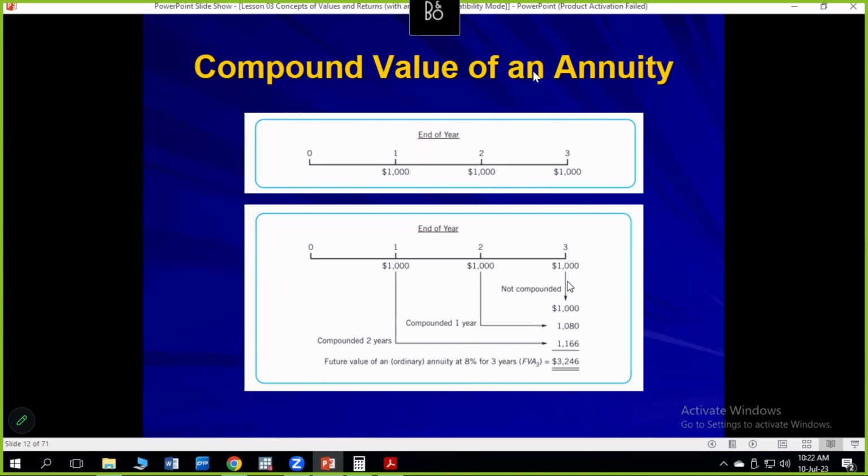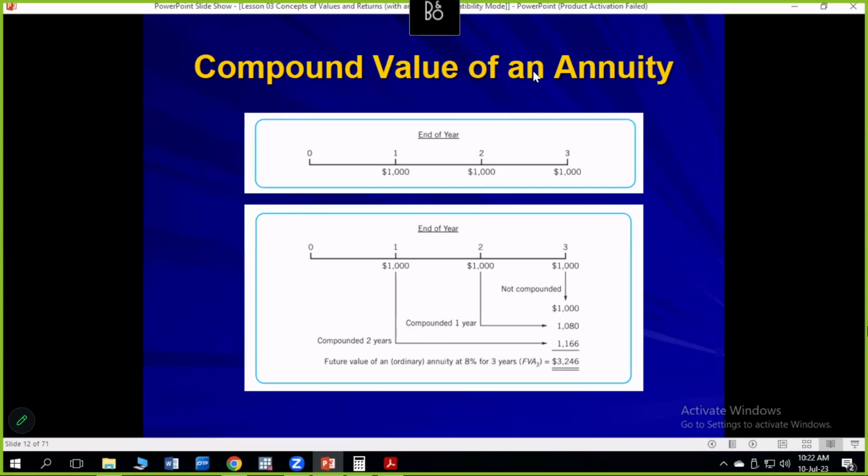Starting from this, the third year, you want to calculate the compound value of the annuity at the end of the third year. So in the first year, it is not compounded, because this is the same figure, not yet the interest provided.